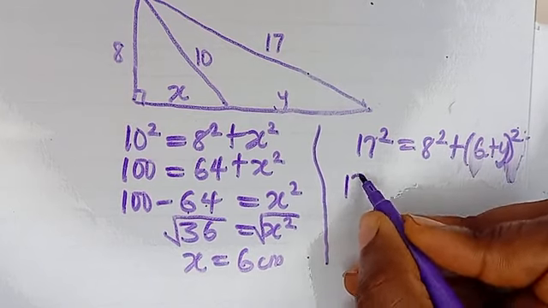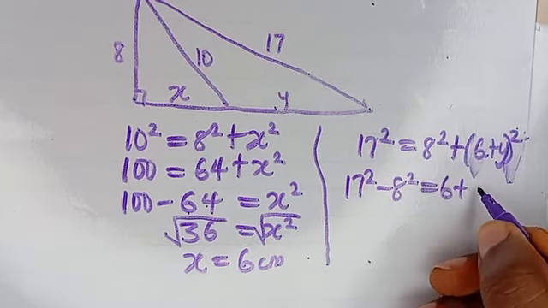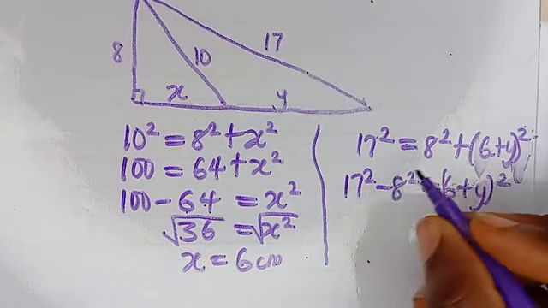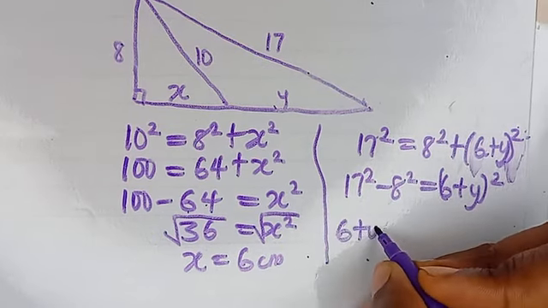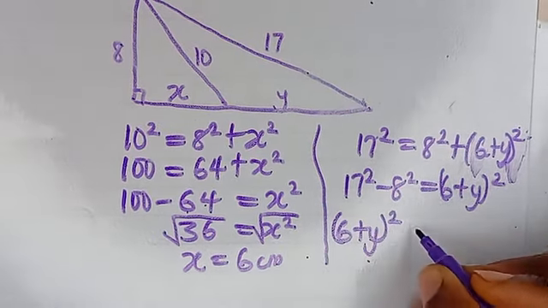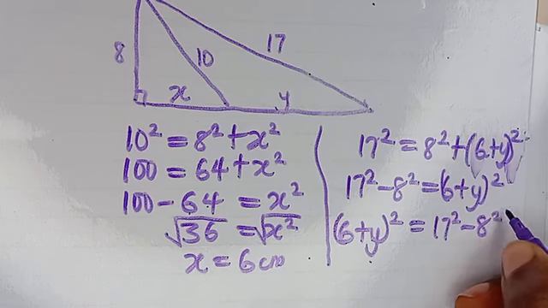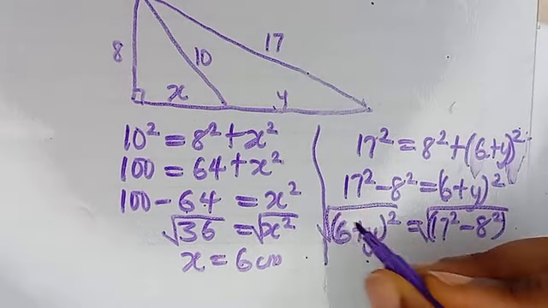We have that 17 squared minus 8 squared is equal to 6 plus y, all in a bracket, squared. We are going to get the square root of both sides. So let me take this over to this place. So 6 plus y, all in a bracket, squared, is equal to 17 squared minus 8 squared. Remember, we are taking the square root of both sides.